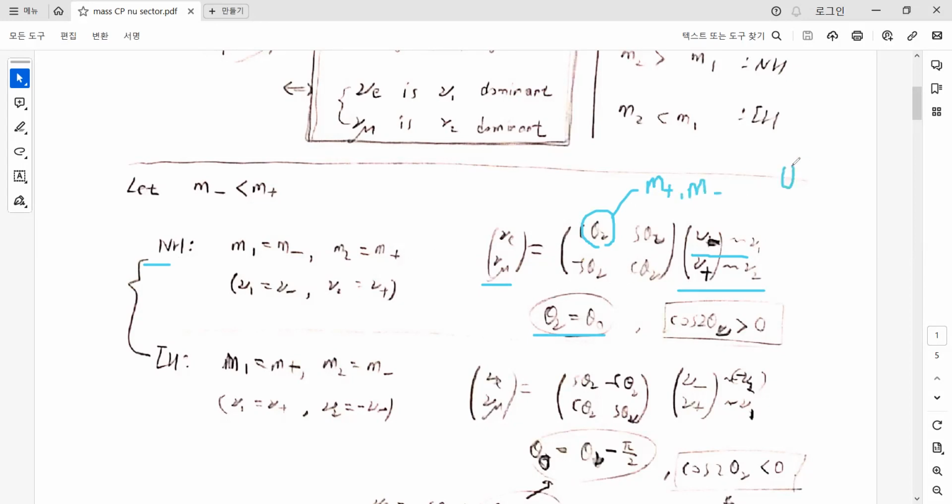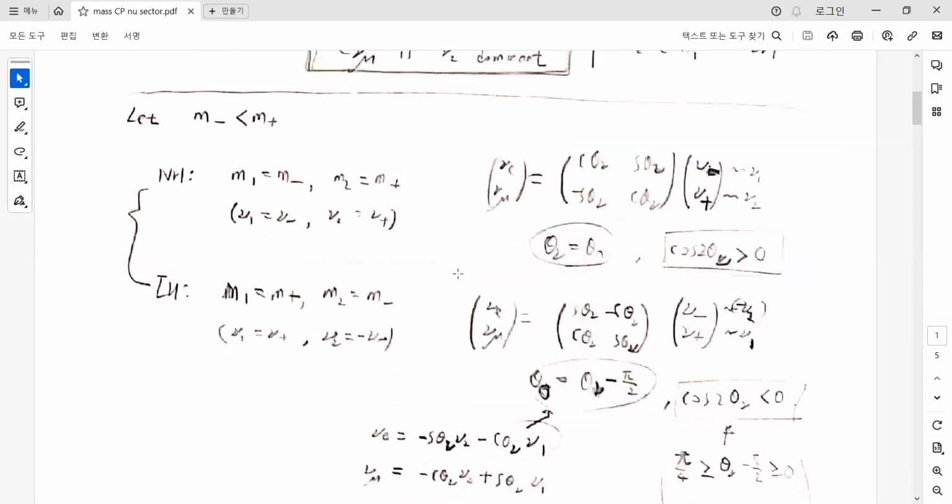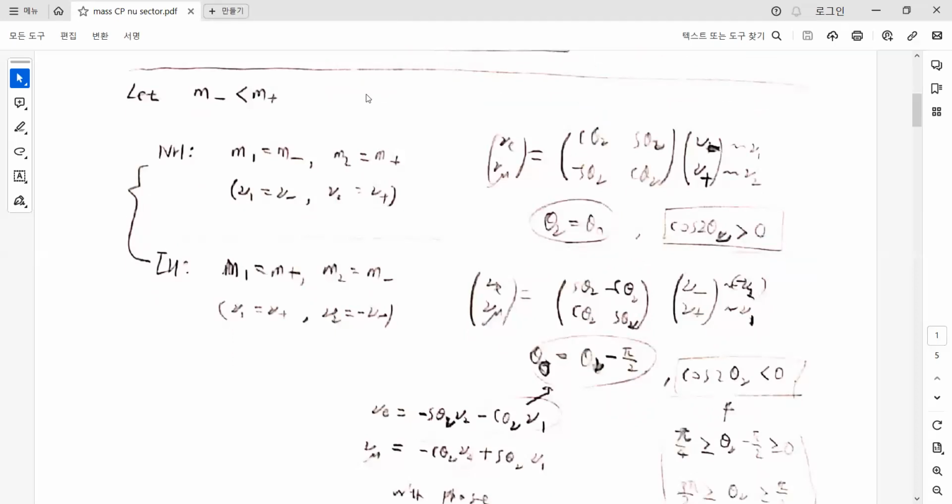And we know that theta zero is less than π/4 to satisfy such dominance conditions. ν_e is almost ν1-like, and ν_μ is almost ν2-like. So cosine theta ν is positive from these conditions. But in the inverted hierarchy case, ν_e is almost ν1-like, but ν1 is assigned to ν plus.